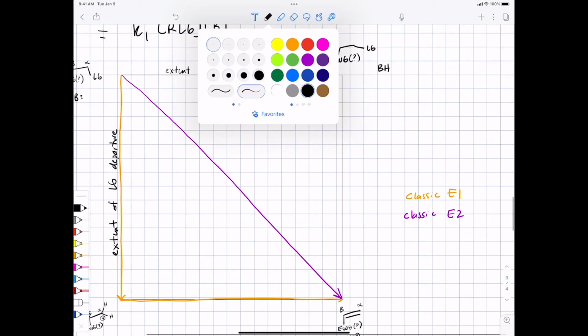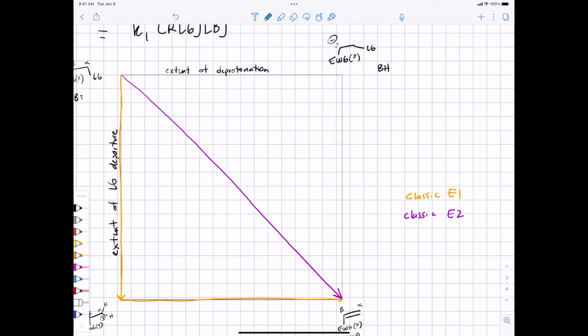So I'll use a new color for that. We'll choose this blue color and we'll draw a line here across the top. That's make the anion and then leaving group leaves. And this is the E1CB.